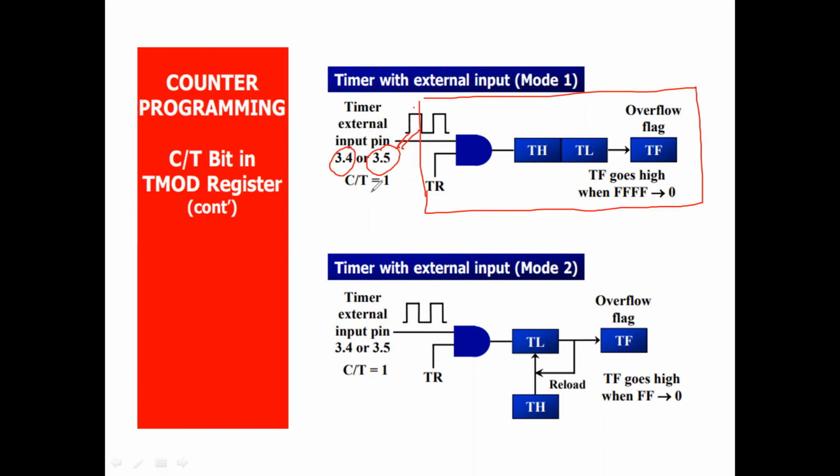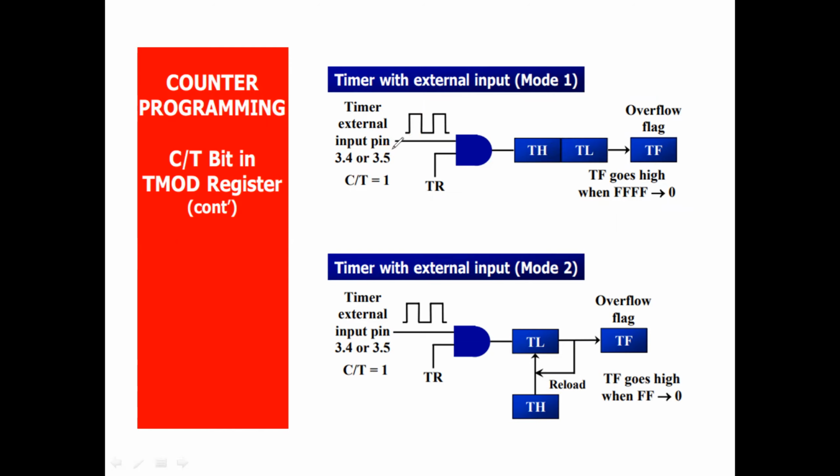Any one pin will be used. Particularly, 3.4 will be for timer 0. If you use this particular pin, the registers should all be 0. You should be careful, which indicates that we are going to operate the counter in a particular mode. Which mode depends on the TMOD register, or what value you place there.